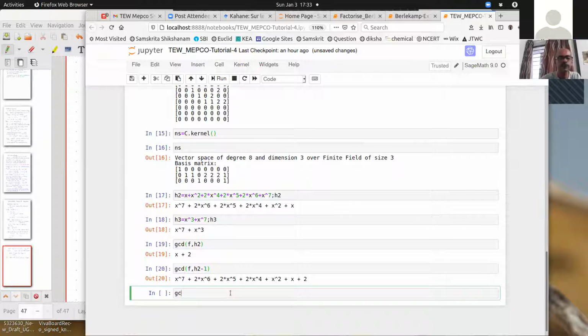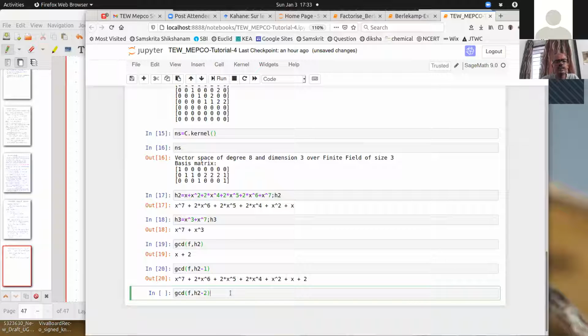So we need three factors. We are going to have three factors. As soon as we have three factors, they have to be irreducible. So this is f comma h2 minus 2.